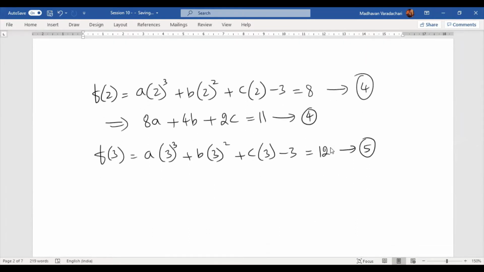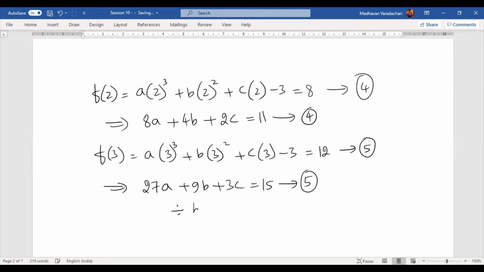Now this can be simplified: 3 cube is 27, 3 square is 9, and 3c. Let me take this negative 3 to the other side, it will become positive 3. So 12 plus 3 becomes 15. Call again this as equation 5. Now, if you look into this equation, all these numbers 27, 9, 3, 15, are divisible by 3.